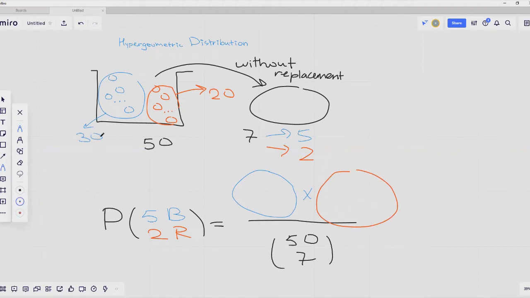There are 30 blue chips. Out of those, we have to choose 5 of them. So 30 choose 5 is the number of ways of choosing blue chips. There are 20 red chips, so 20 choose 2 is the number of ways of choosing red chips out of those 20.